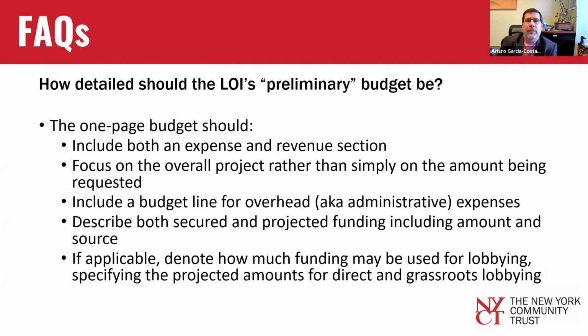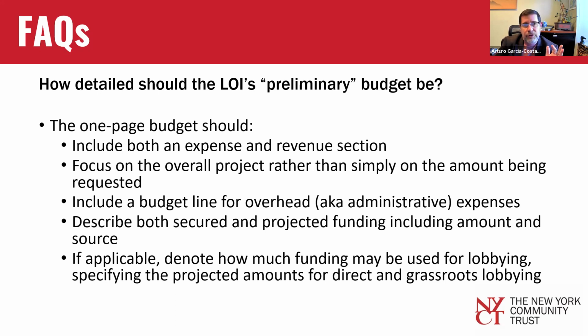So I'm going to talk a little quickly about the budget in both the LOIs and the proposal, because there are several times that these budgets can be confusing to folks, and that can create a weakness that makes a difference. So even for the preliminary budgets, we want them to include an expense section and a revenue section.